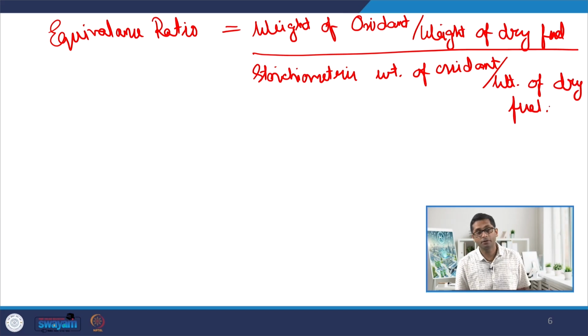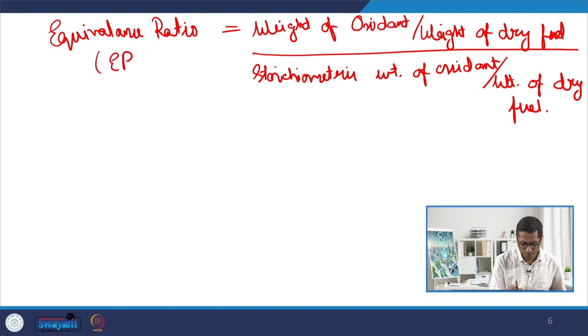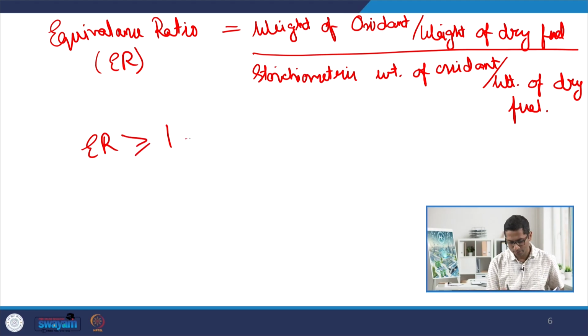So basically what I am doing is I am trying to estimate how much oxygen I am putting in with respect to the amount of oxygen that would be required for the complete combustion of coal. And this number happens to be roughly of the order of 30 to 40% in the case of gasification. So if this equivalence ratio, which I might mention as ER, happens to be greater than or equal to 1, what I am aiming for is combustion.